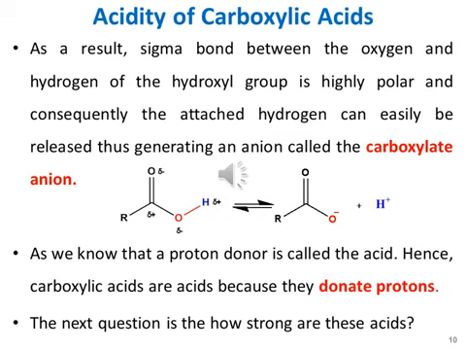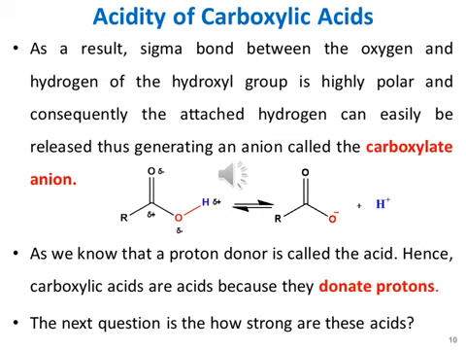Because of the highly polar nature of this sigma bond between the hydroxyl oxygen and the hydrogen, this bond can easily be broken, generating a proton and a carboxylate anion. Any species that produces or can donate a proton, we say it is an acid. That's why carboxylic acids are acids, because they donate the proton.